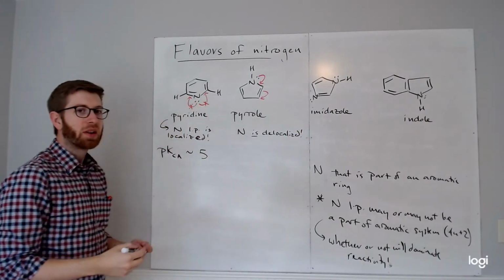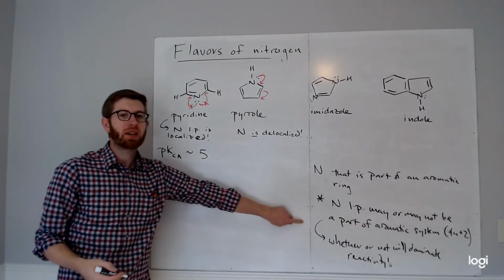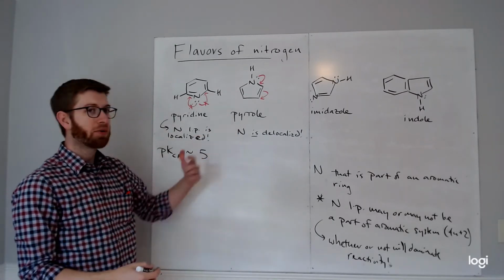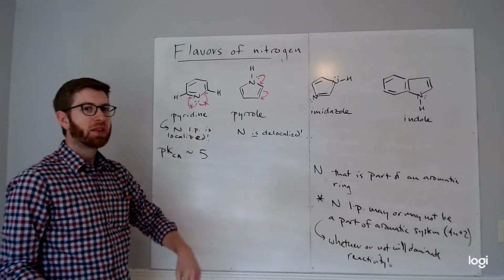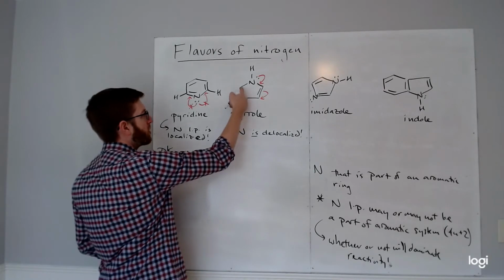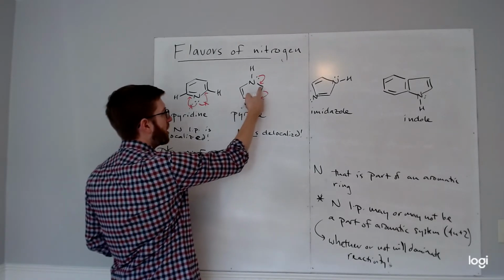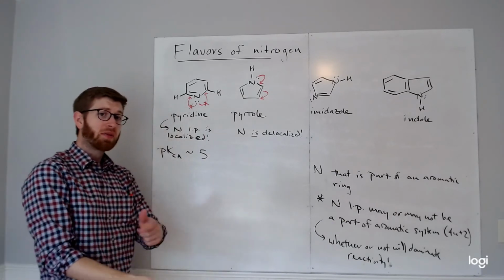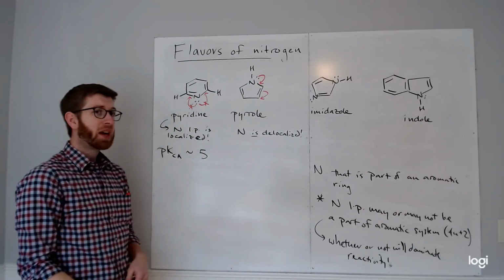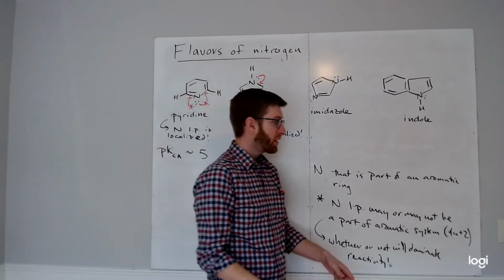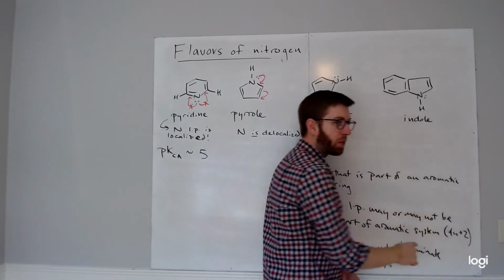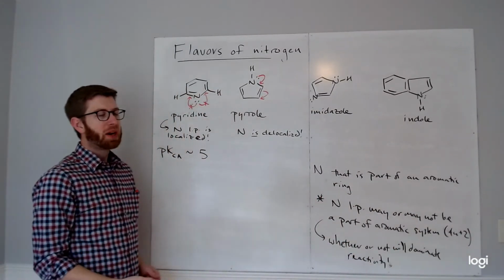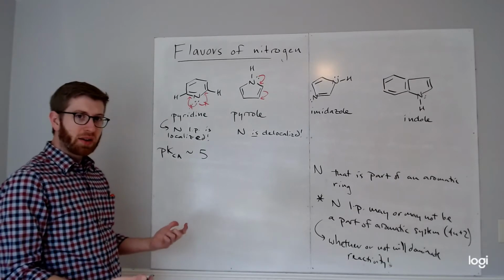Right, so the lone pair is a part of the aromatic system. And in fact, that's how I would say that pyrrole is aromatic. If we applied the 4n+2 rule, we've got 2 pi electrons from this double bond, 2 pi electrons from this double bond, and the lone pair electrons are part of that cyclic pi system. So we have 6. And we can make 6 equal to this if n is 1. So we need that lone pair for pyrrole to actually be aromatic, and it is.